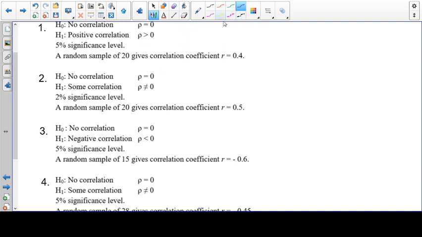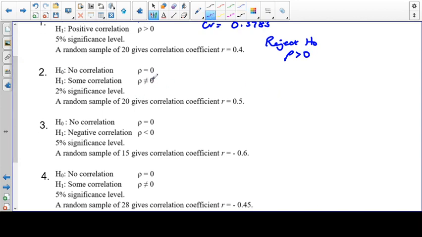Okay, the first one was one-tailed. Your critical value was 0.3783. Because this sample is stronger than this, we can reject H0 and say that rho is greater than 0.